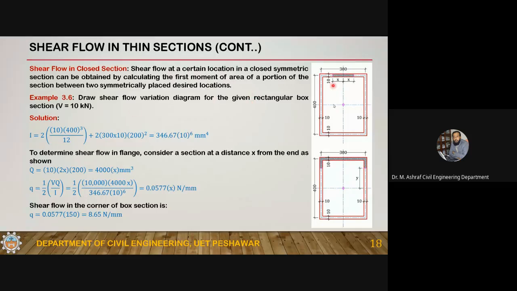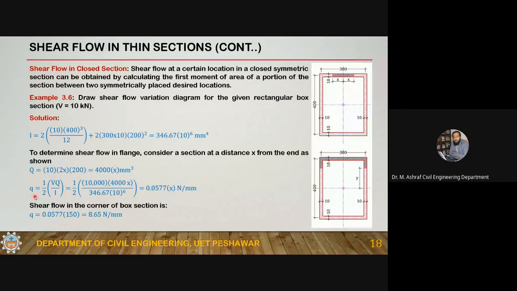Okay, so this is the case where the applied shear is 100 kilonewton, and this is the moment of inertia. I have two webs and two flanges. So 346.67 into 10 to the power 6 is the moment of inertia. To determine the shear flow in the flanges, I'm taking a segment at a distance of x from this center. So this is x. I'll have to take the other side also. So Q is equal to 10 into 2x into 200.